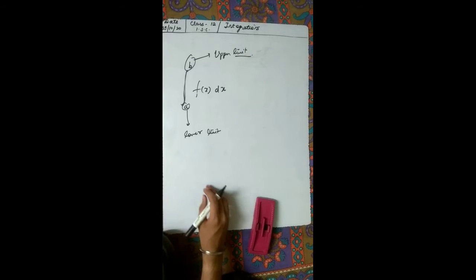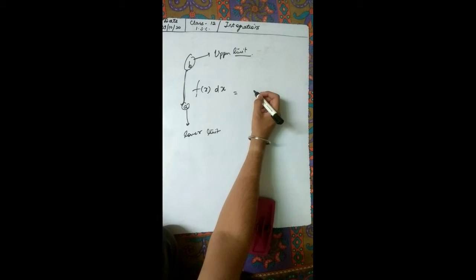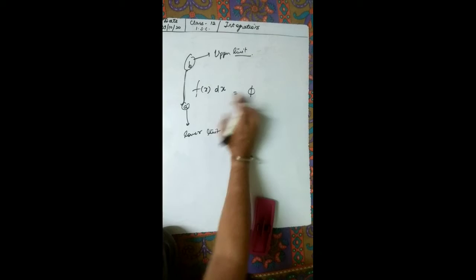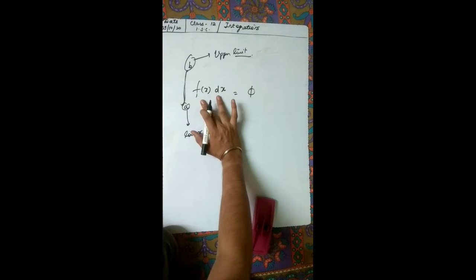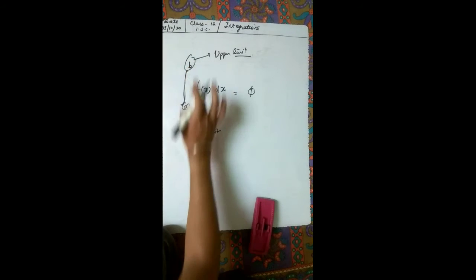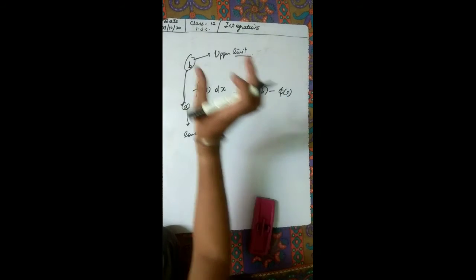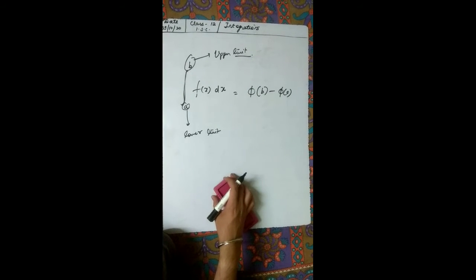How do we denote this? On integrating f(x), let us consider we got 5x. Then you have to put b and a: 5b minus 5a. That means upper limit minus lower limit.